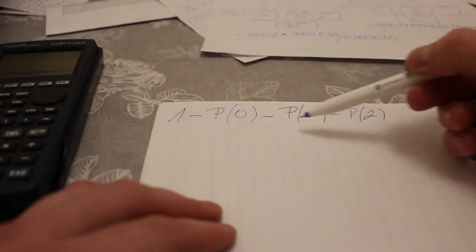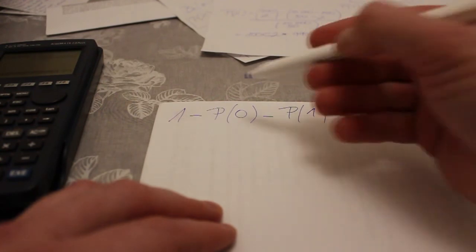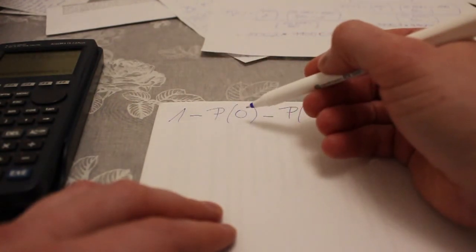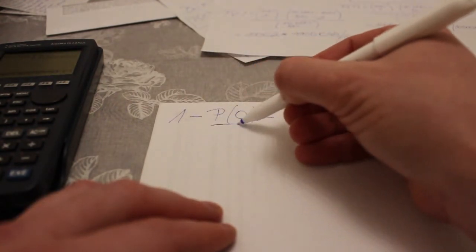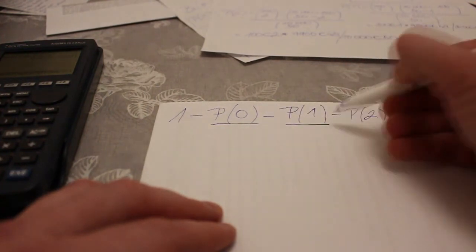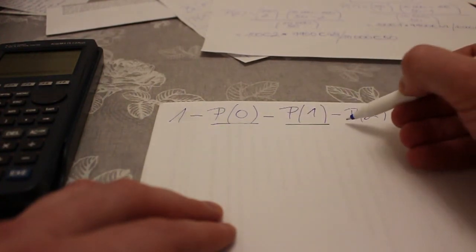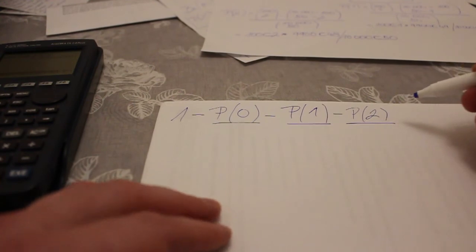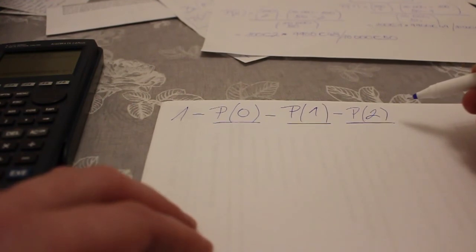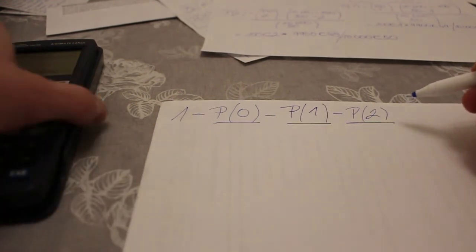So I will solve this like 1 minus probability that x equals 0, minus probability that x equals 1, and minus probability that x equals 2.